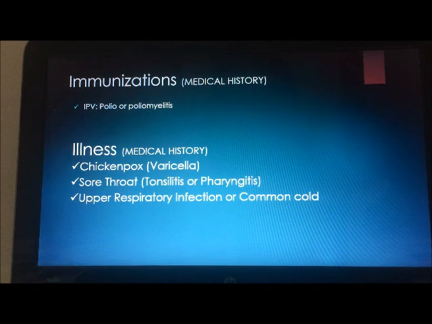For immunizations, he only has immunization for polio. Then for illness, he experienced chickenpox before, tonsillitis, and sometimes he experiences common colds.